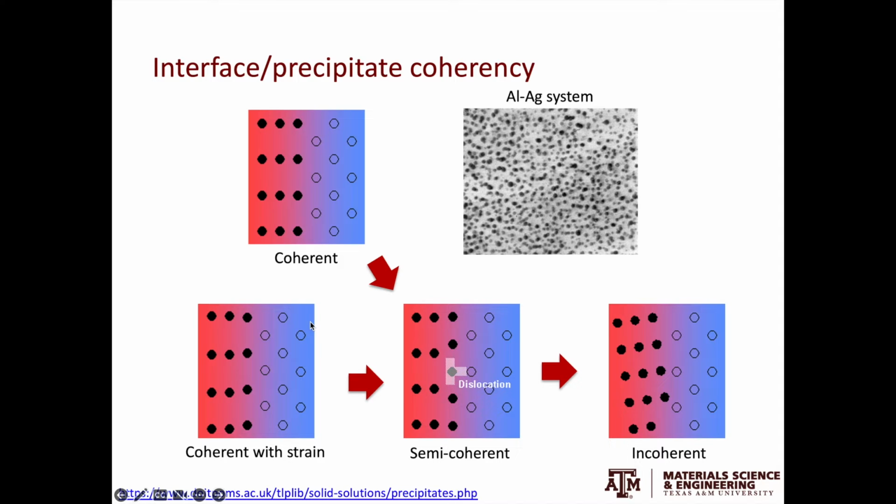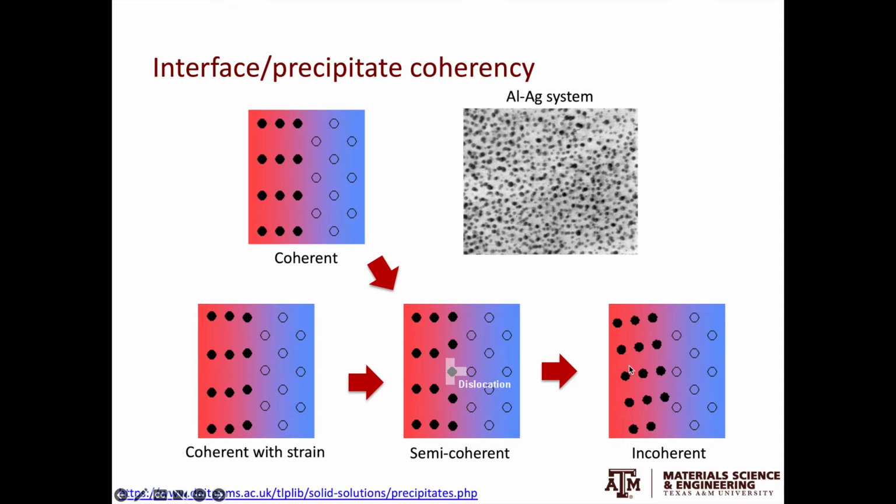As you continue the aging process, these coherent interfaces will evolve into semi-coherent interfaces. As the interfacial strain develops, dislocations will be introduced at those interfaces to relax the strain energy, and those are called semi-coherent interfaces.